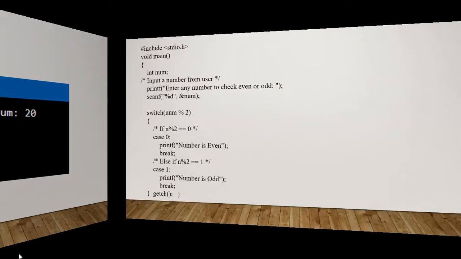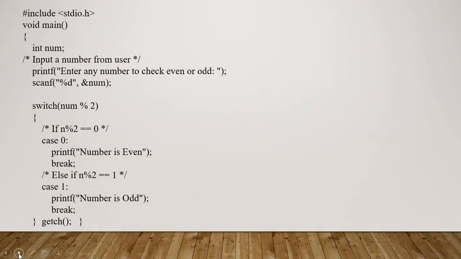Moving further, in the next program we want to check whether the number is even or odd, allowing the user to enter the number. The same number gets stored within my input, and then within the switch case my condition is there.